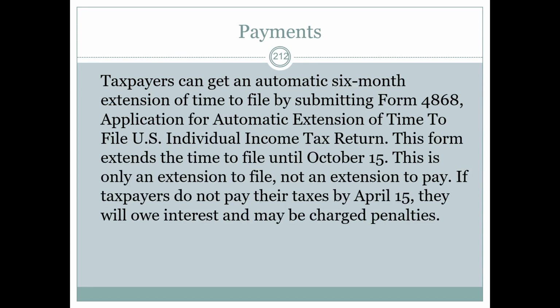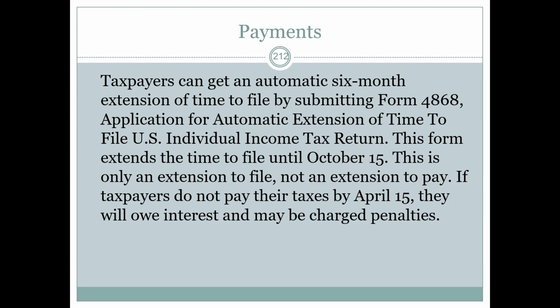Taxpayers can get an automatic 6-month extension of time to file by submitting Form 4868, and that form is known as the Application for Automatic Extension of Time to File U.S. Individual Income Tax Return. This form extends the time to file until October 15th.